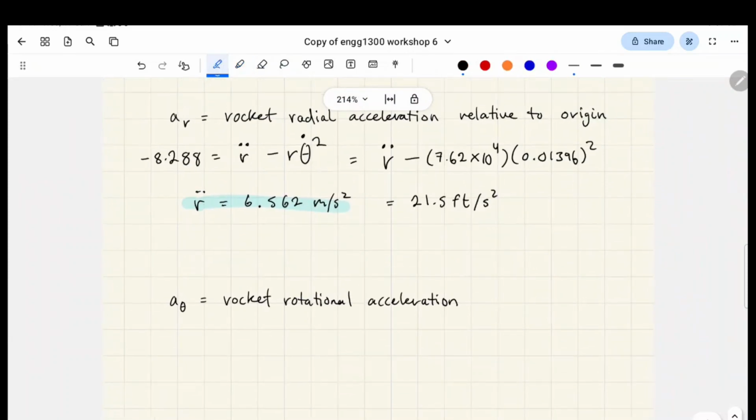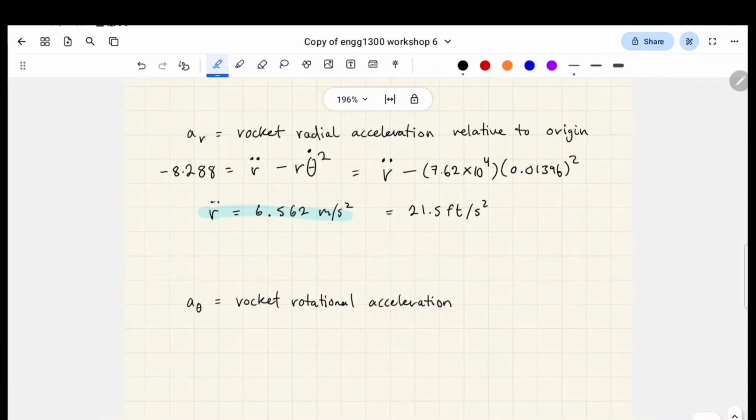For the rocket rotational acceleration, it's a similar deal. We're going to plug in what we worked out a second ago for the left-hand side. Here's the formula. If you want the derivations for these formulas, I believe the lecturer has done it in the lectures this morning. What we're working out is this one, because the rest is known.